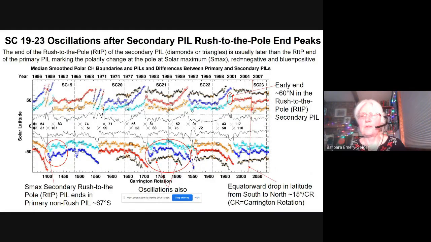And then it is about 8 pills, and then it's over. It's first in the secondary pill, and then it's last in the primary pill and the coronal hole boundary. So it's obviously something that's going from the south to the north. And so we'll be looking at that at the very end, but it's a 15 degree per Carrington rotation movement. Some disturbance, probably in the deep.